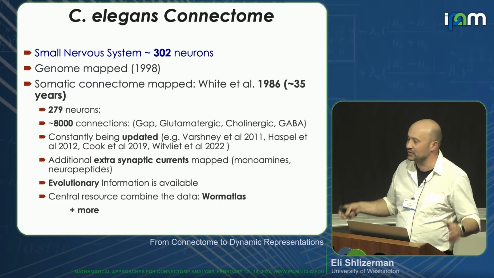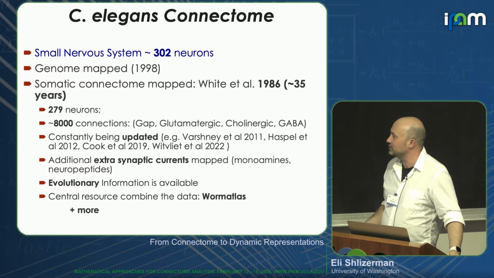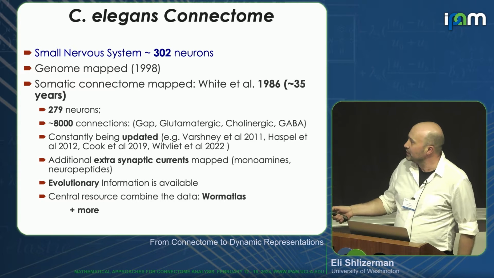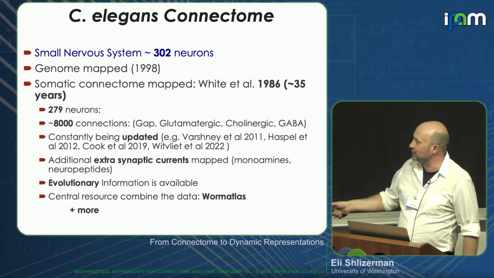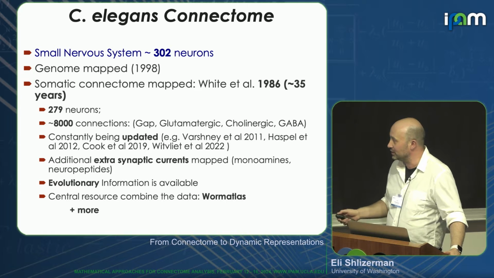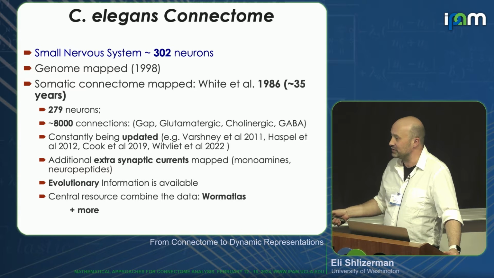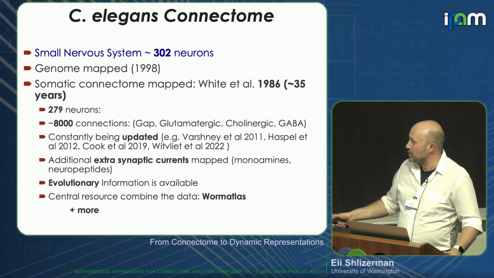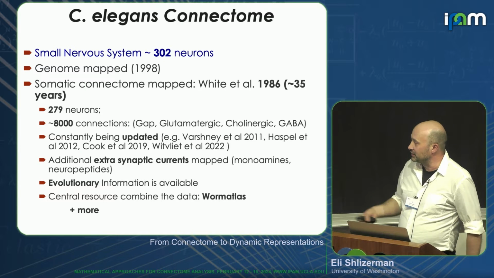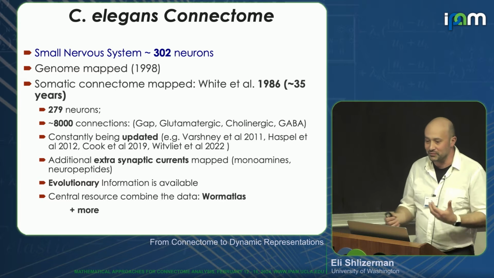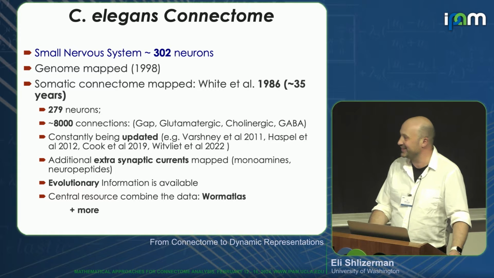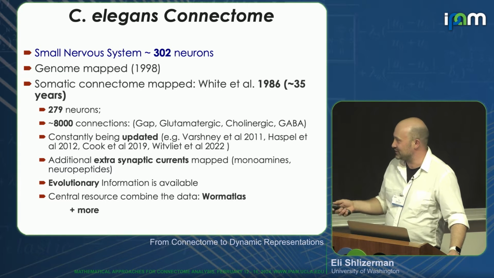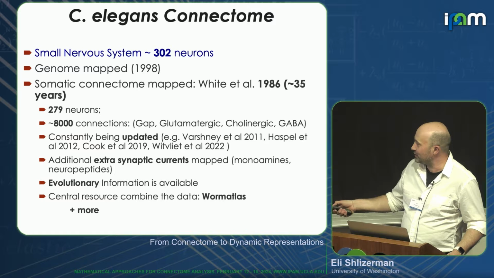A lot of information has been gathered over more than 30 years, in terms of mapping the genome and the somatic connectome, which is the connectome we'll be working with: 279 neurons, about 8,000 connections, and these connections are also known in terms of their types.